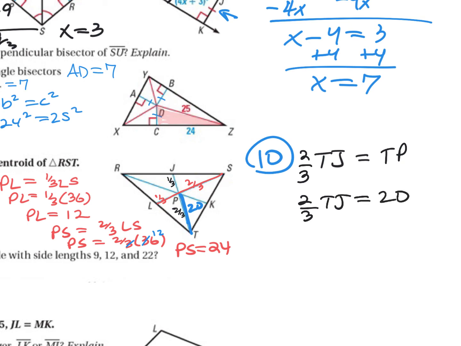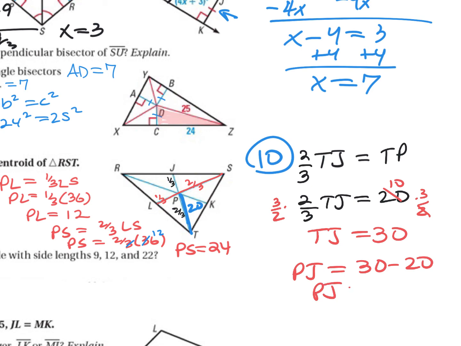I'm going to divide by 2/3, which is really multiply by the reciprocal. Simplify. And the length of the whole thing is 30. So that's TJ. Then the fastest way probably to find PJ would just be to do 30 minus the 20 that they gave us, and PJ is 10.